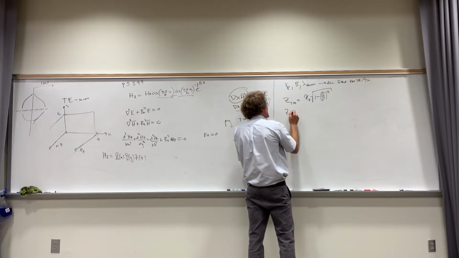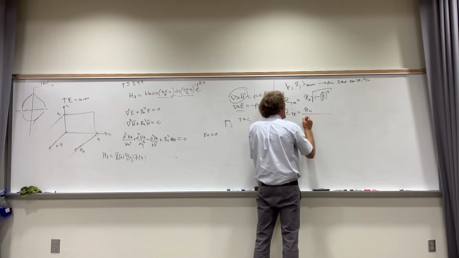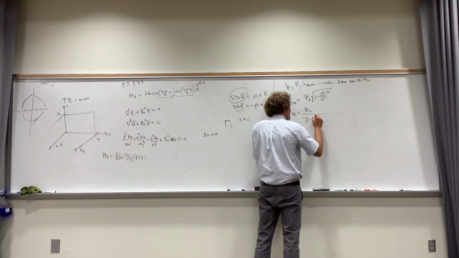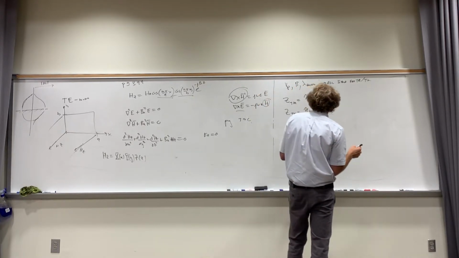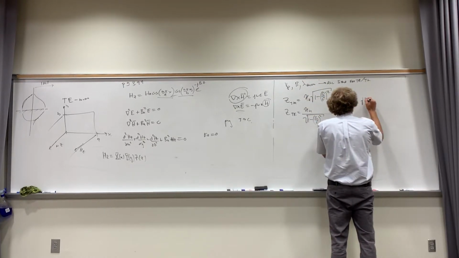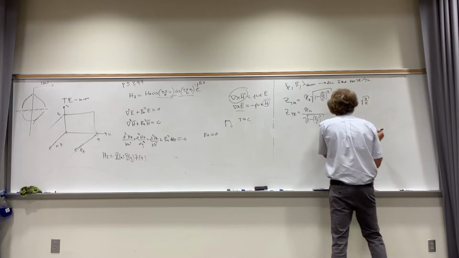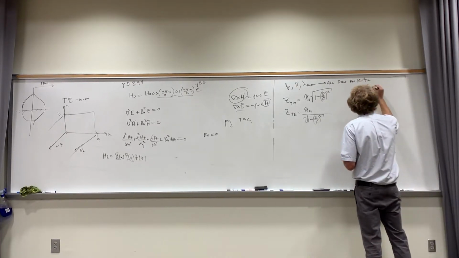The characteristic impedance of the TE mode is equal to eta unguided over the square root of 1 minus FC over F squared. Eta is equal to the square root of mu over epsilon for these modes, and this is lossless, by the way. Both of these are lossless.